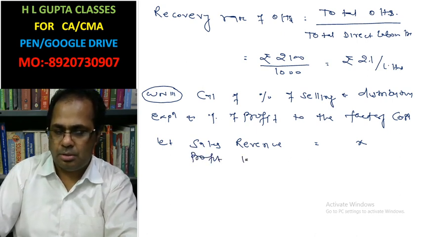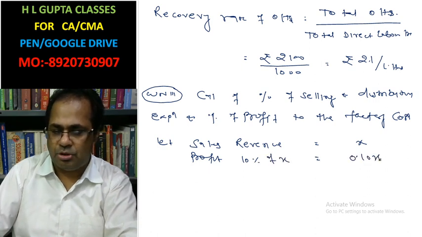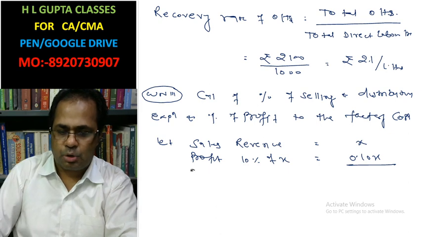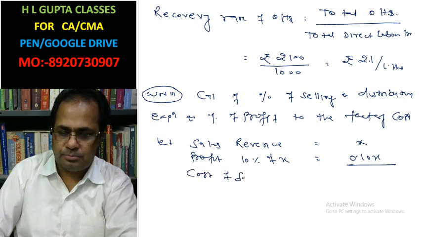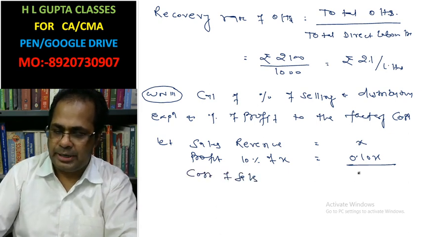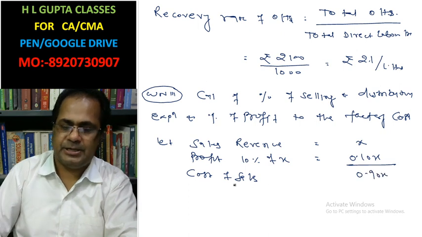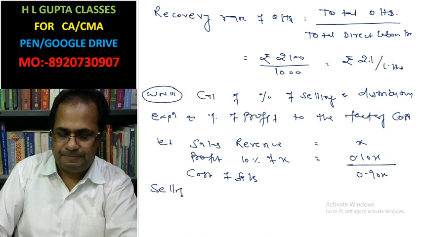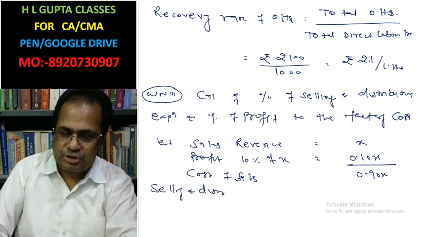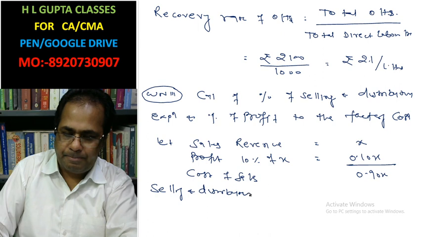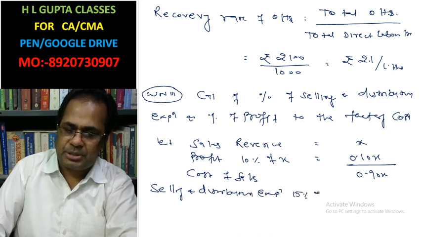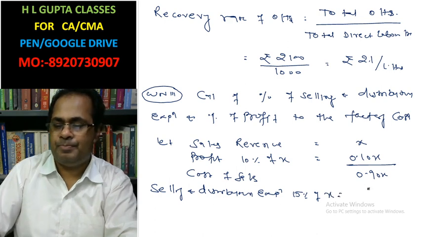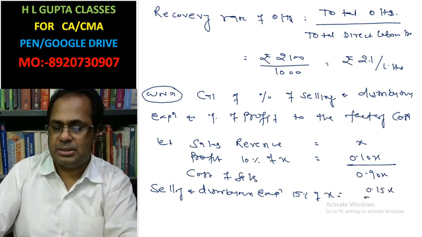Profit is 10% of X, that equals 0.10X. Cost of sale is 0.90X. Selling and distribution expenses are 15% of X sales, that equals 0.15X.